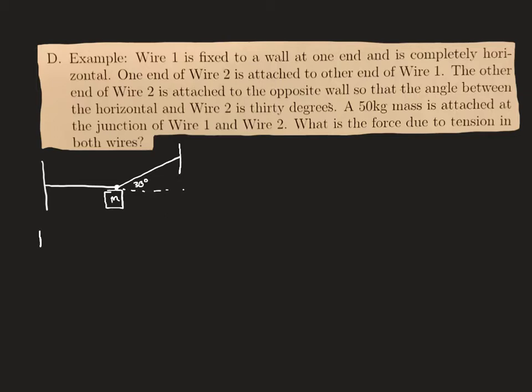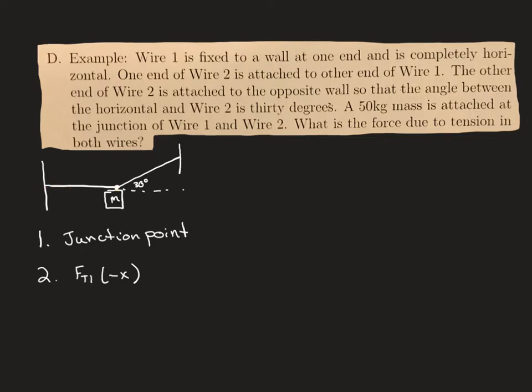Alright, so step 1, we need to identify an object to sum the forces on. With equilibrium problems, it's not quite as obvious, but we're going to sum the forces on the junction point where the wires come together. Step 2 is to identify the forces acting on the object. On the junction point, wire 1 exerts a force due to tension, and that force is acting in the negative x direction, because the wire is going to pull toward the wall.